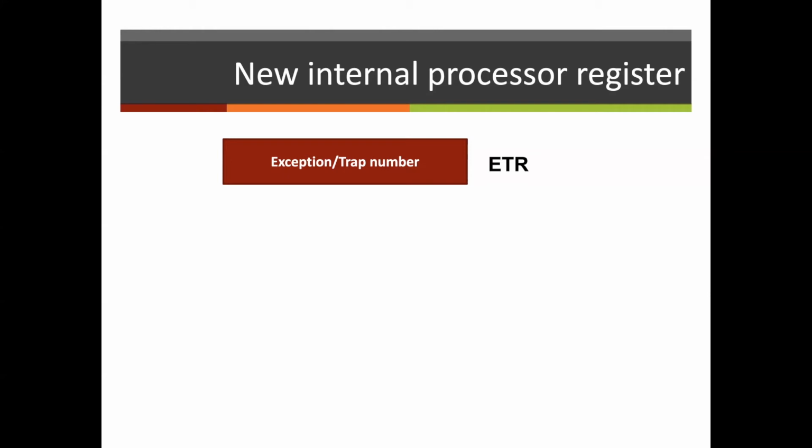In this case, it's going to be a unique number that is placed within the ETR. So if we have, for example, a divide by zero exception, then our finite state machine will need to account for that, and we'll place the number corresponding to this exception in the ETR.